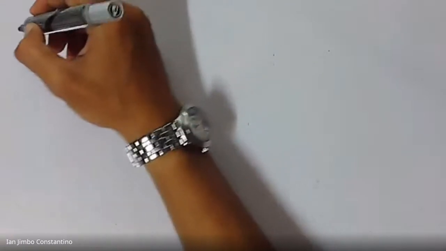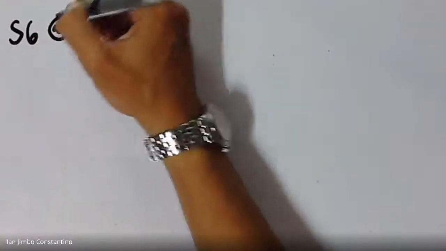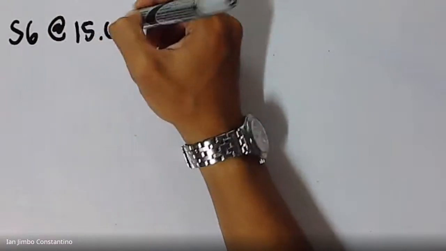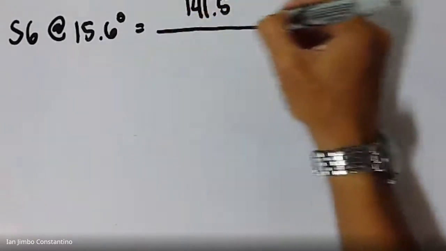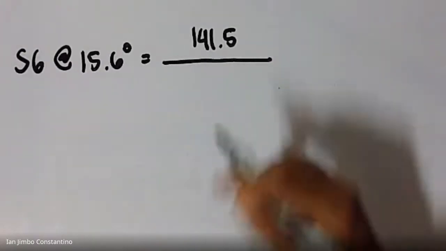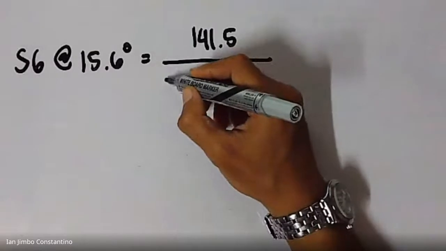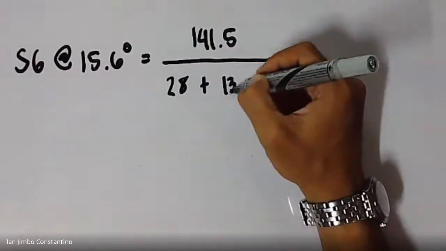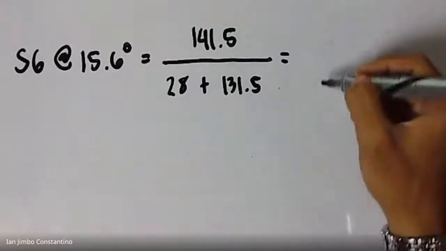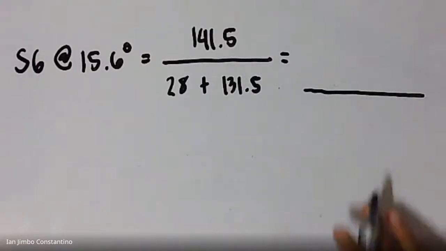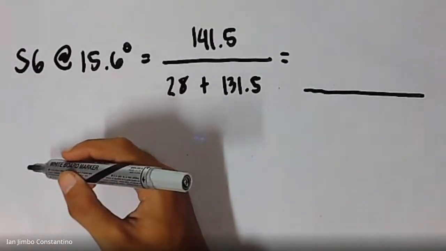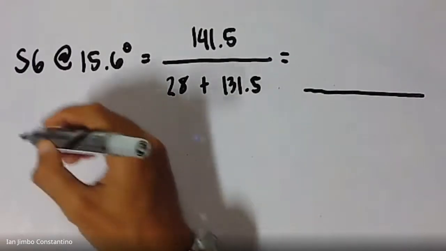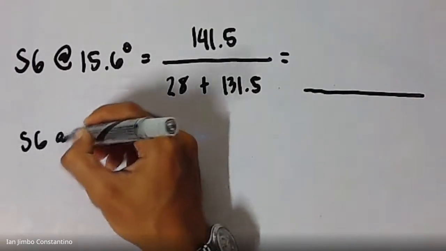So for solution, the SG at 15.6 degrees Celsius is equal to 141.5 divided by the given degree API unit, which is 28, plus 131.5. So let us leave this aside. We will use our calculator. And then once you get the SG, you will get the specific gravity of your fuel at 26 degrees Celsius.